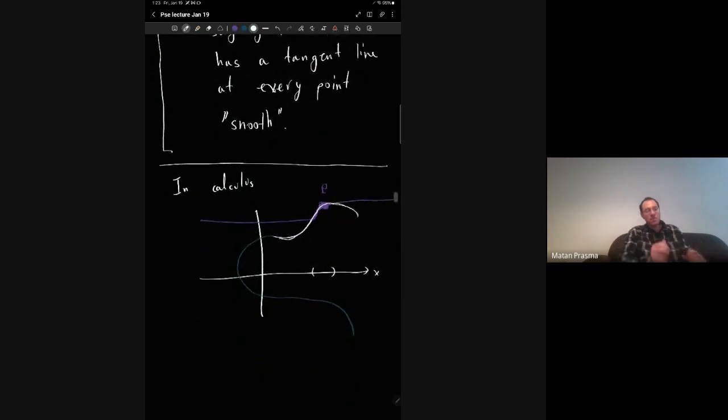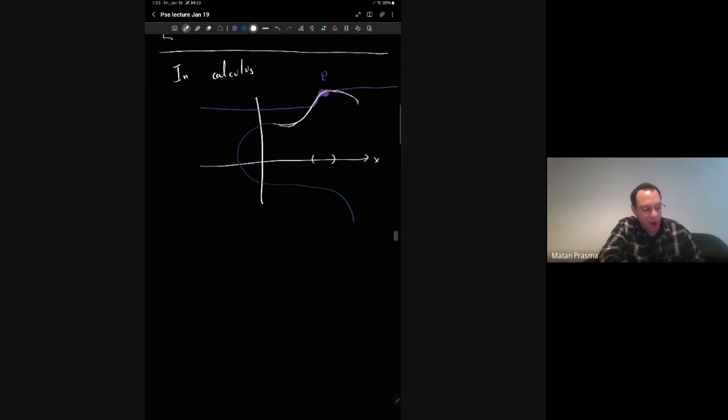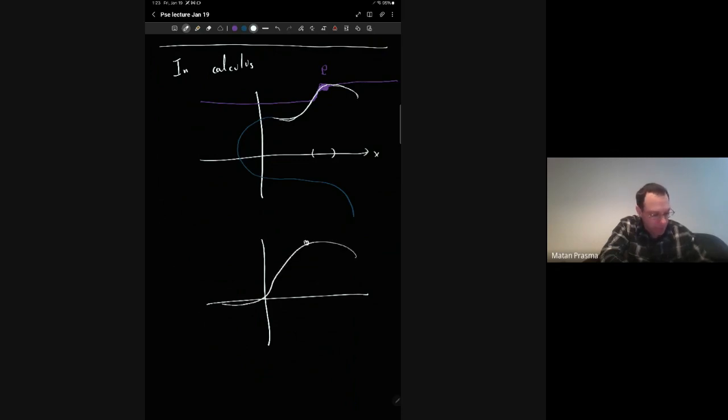And derivative, of course, has a formal definition that people do in calculus. But for us, you can think of it, and this I think is discussed in school mathematics, the derivative at P is like a vector that signifies the direction of the function at this point.